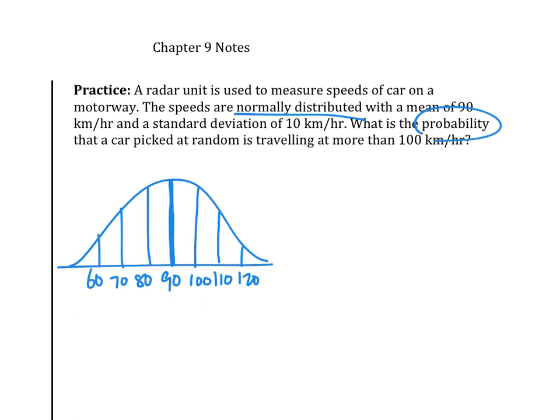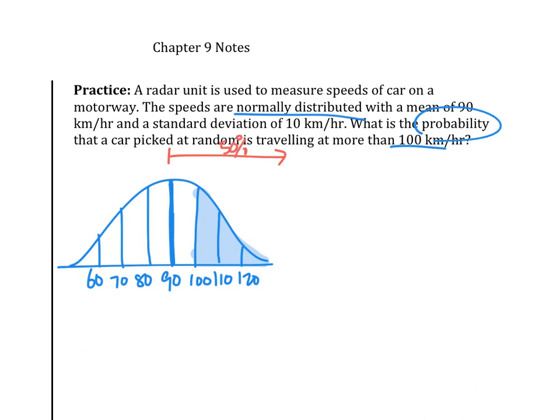So the question is, what's the probability that there is a car that's faster than 100? Car that's faster than 100 is going to be here. So the question is, what is the percent that's here? All right, I'm going to give you some hint. This much is 50% of the data, right?